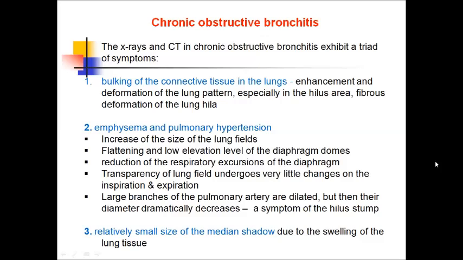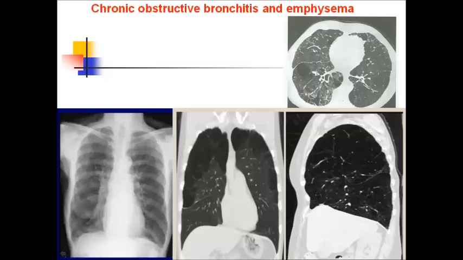Large branches of the pulmonary artery are dilated, but then their diameter dramatically decreases, the so-called symptom of hilus stump. And a small size of the medial shadow occurs due to the swelling of the lung tissue.